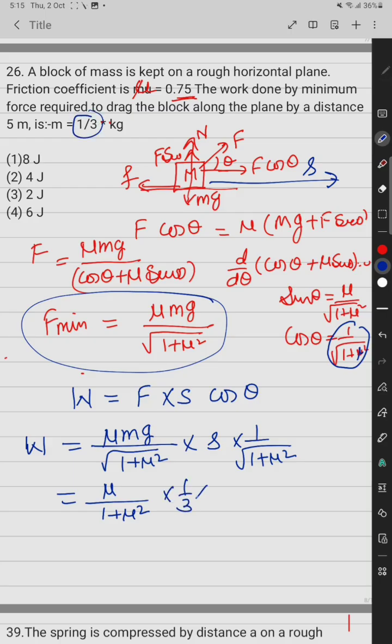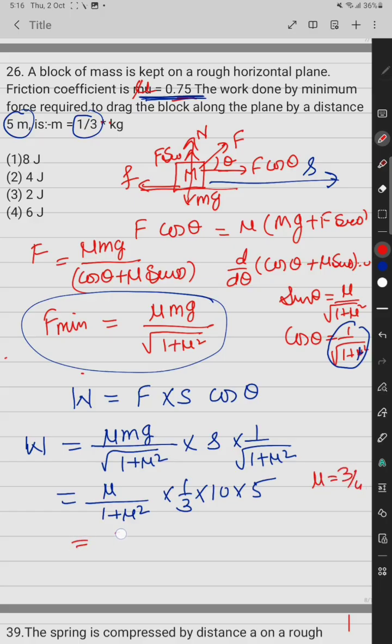So it is 1 by 3 multiplied by g is 10, and displacement is 5 meter, and the value of mu is 0.75 which is given. So mu equal to 3 by 4.